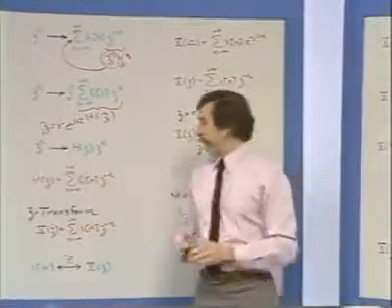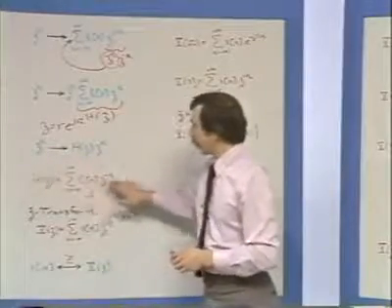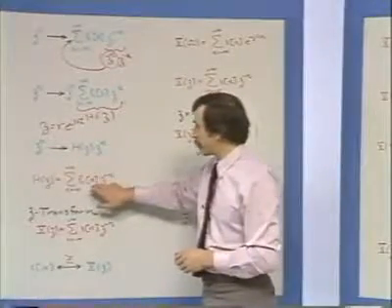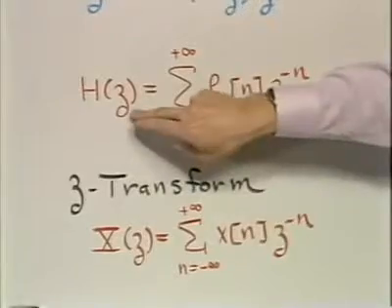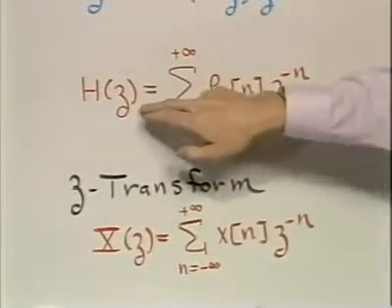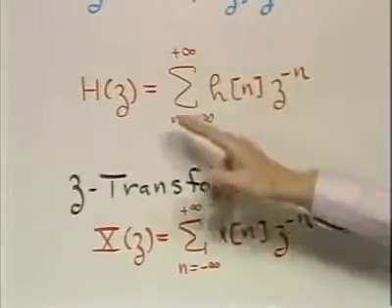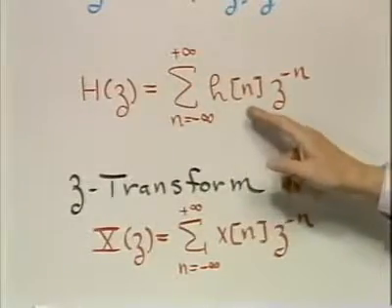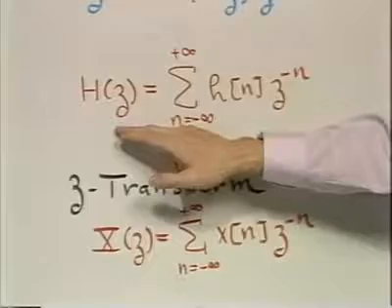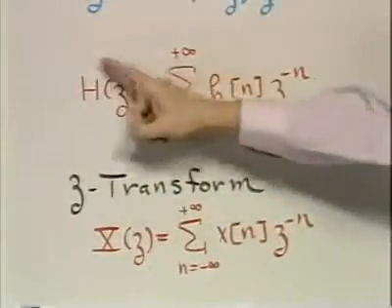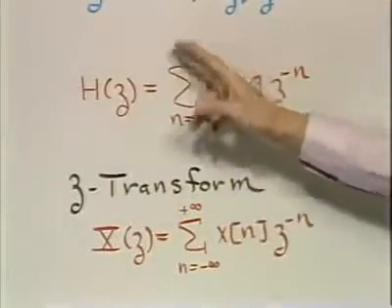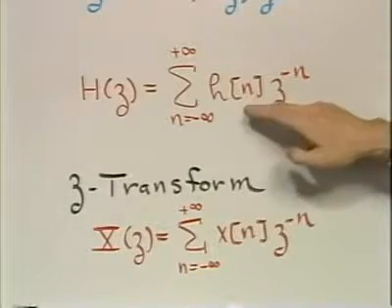Now, we have a mapping here from the impulse response to the amplitude or the eigenvalue associated with that input. And this mapping is what is referred to as the z transform. So h of z is, in fact, the z transform of the impulse response.